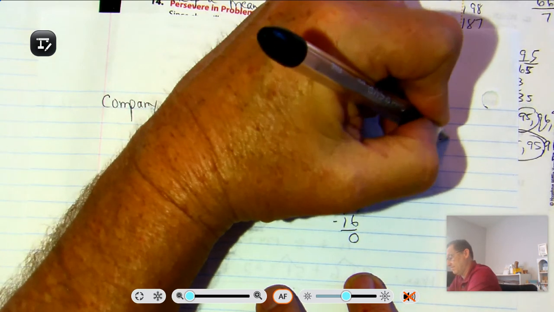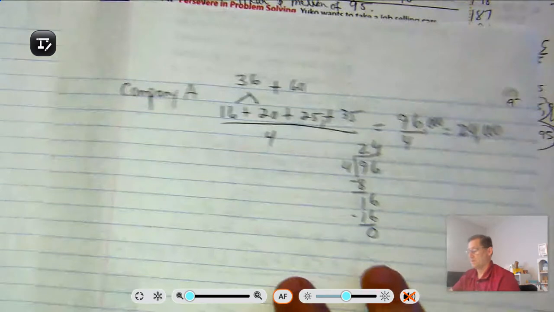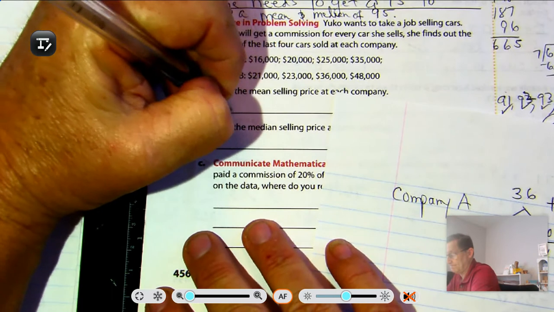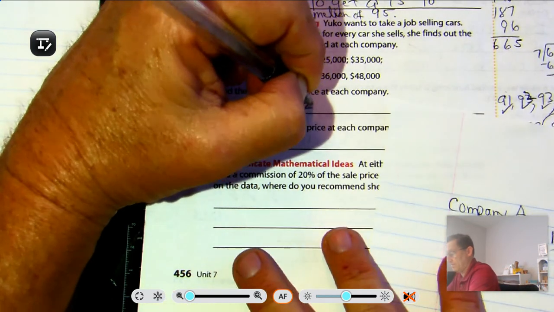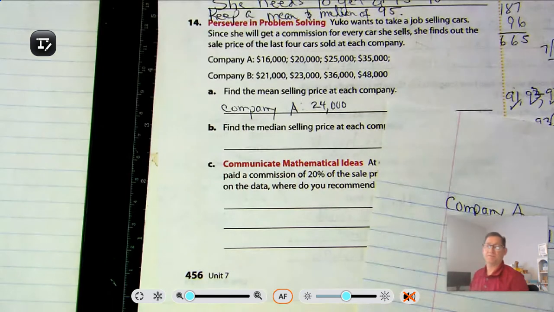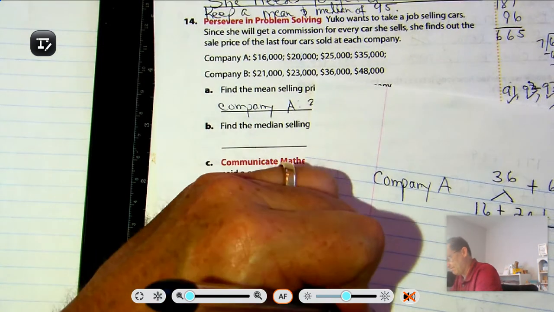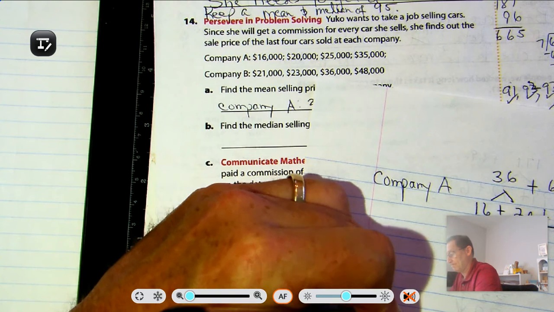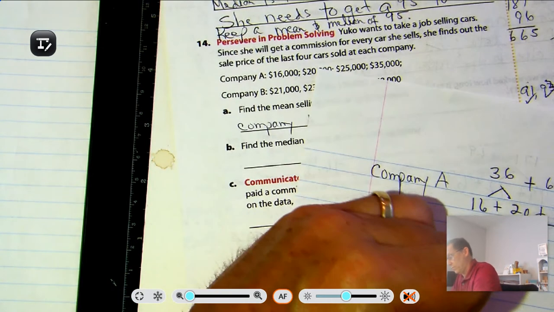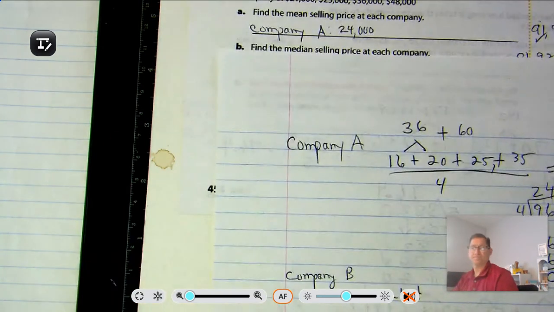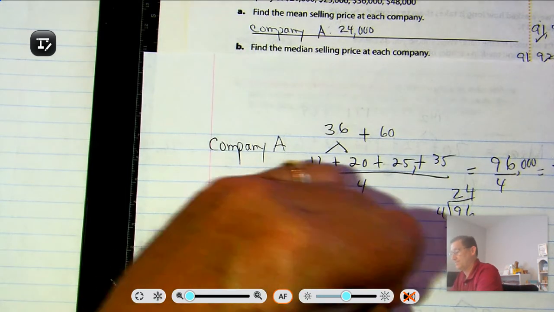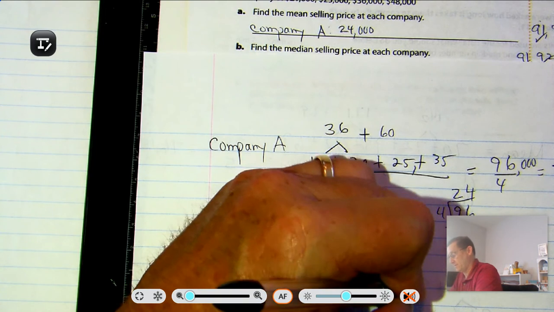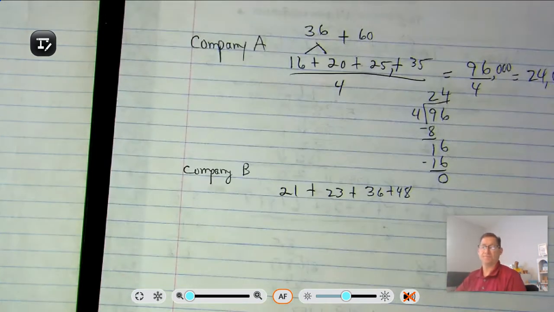So company A is $24,000. Company B: $21,000, $23,000, $36,000, $48,000.